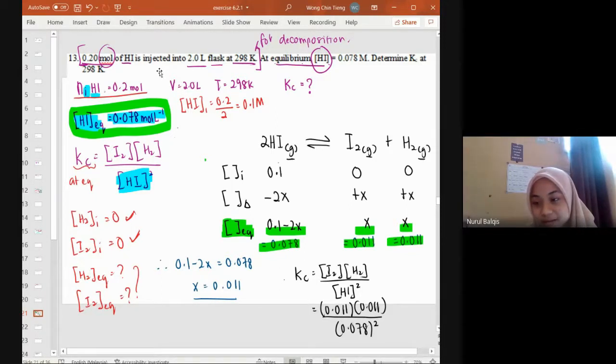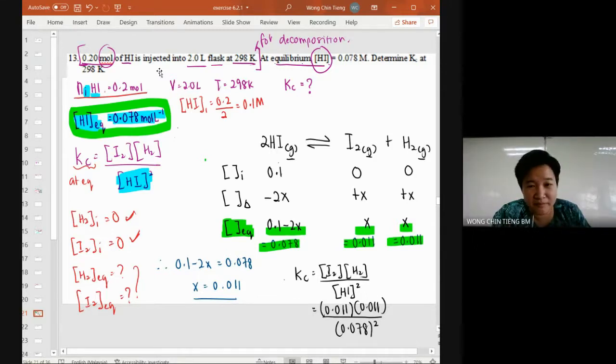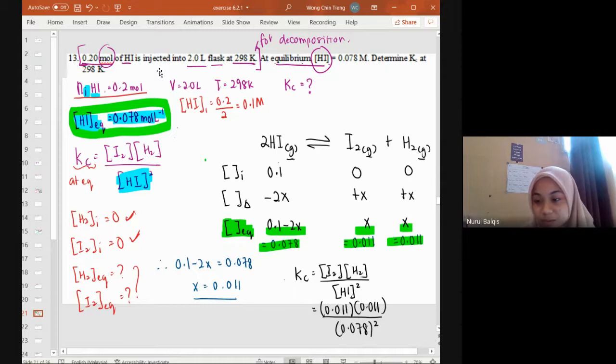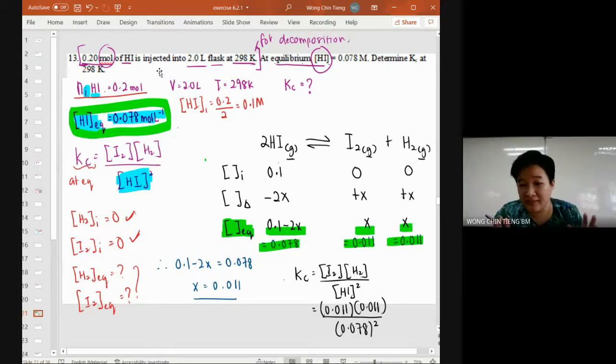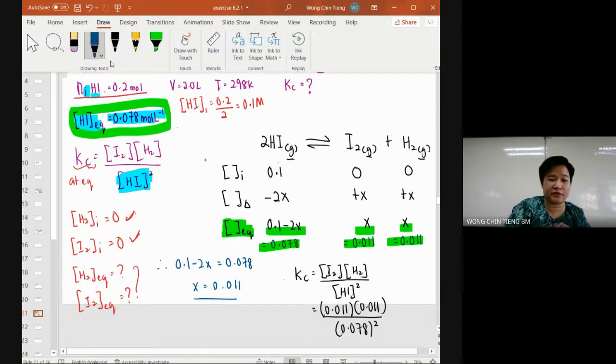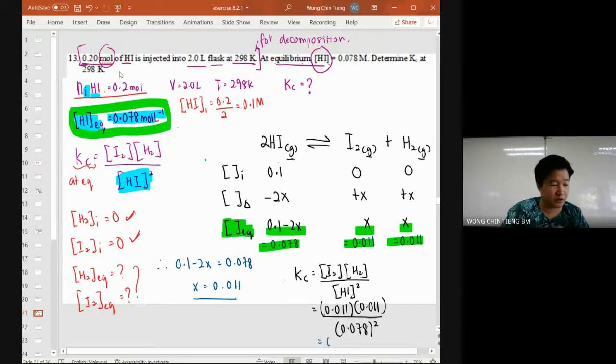0.0199. Dia sama Kp? Ya, dia sama. Kenapa dia sama, sayang? Sebab delta n dia kosong. Soalan konsep sebenarnya, rather than soalan calculation. The Kc calculated over here, if you press your calculator very correctly, you got 0.0199. And my question is, what is the Kp?